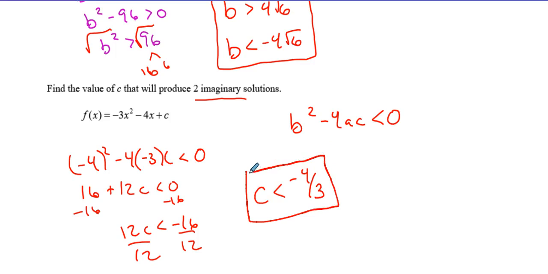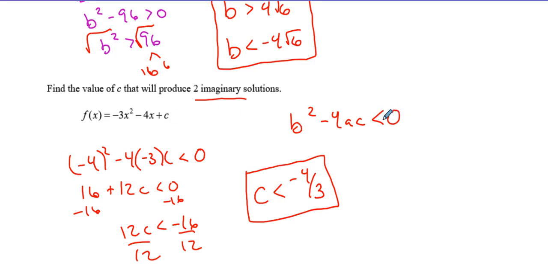So there's no plus minus here because I did not take the square root of a variable. So any c value that is less than negative 4/3 will give me a negative discriminant, which in turn will give me two imaginary solutions.